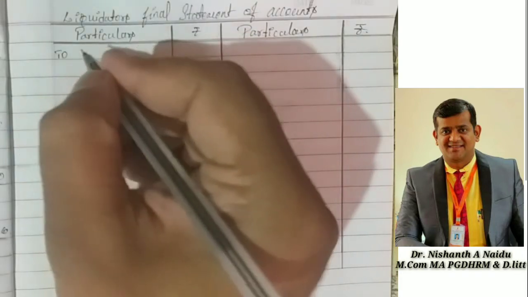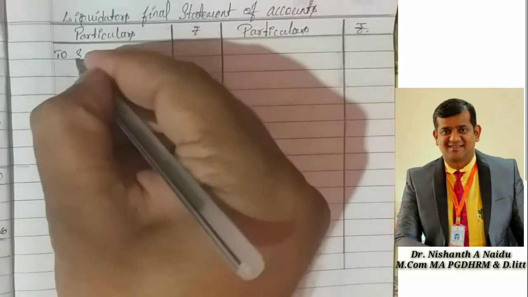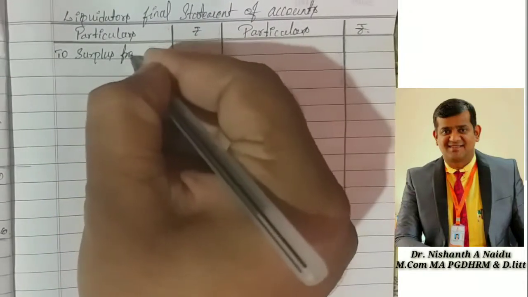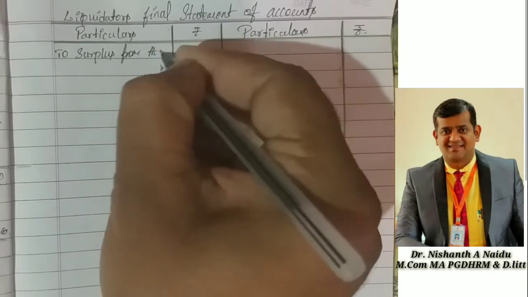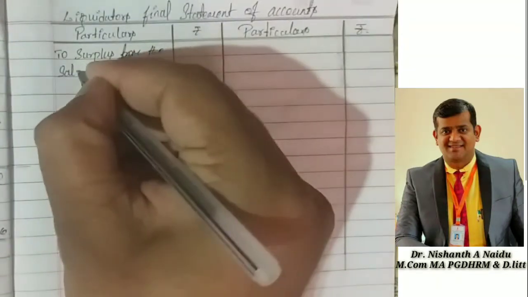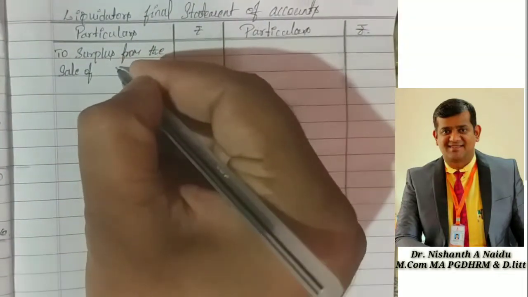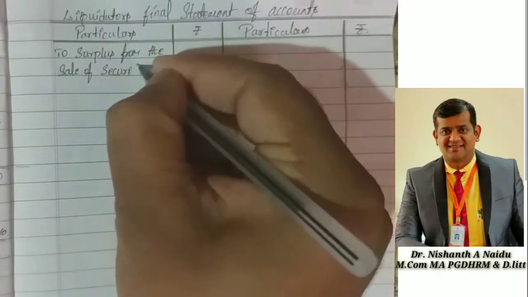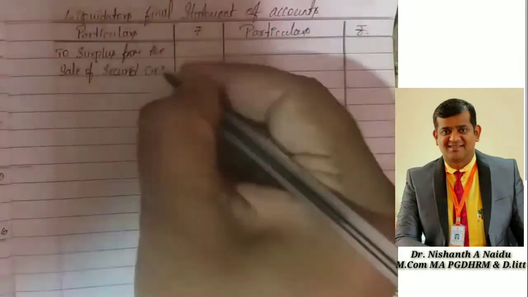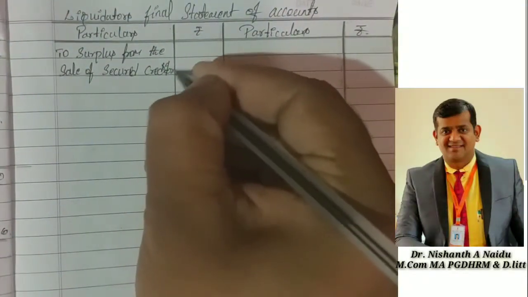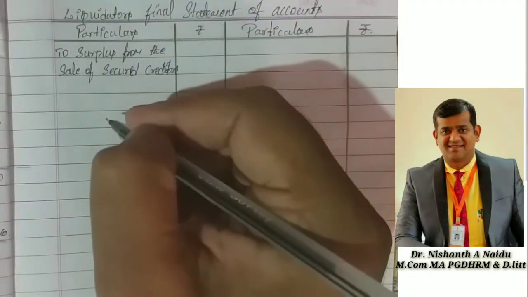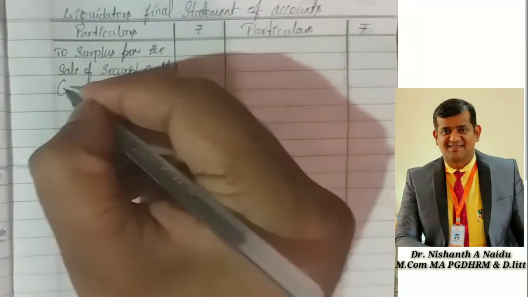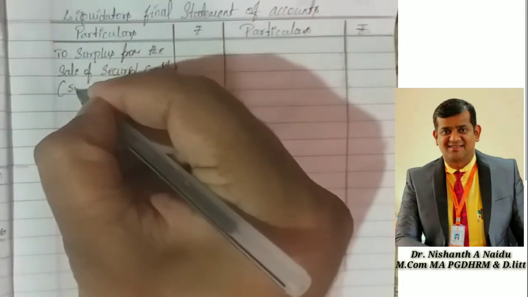So first write down: to surplus from the sale of secured creditors. Now write down what is the realized value of secured creditors? 50,000 rupees.